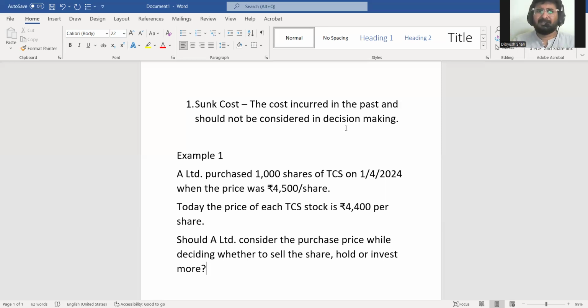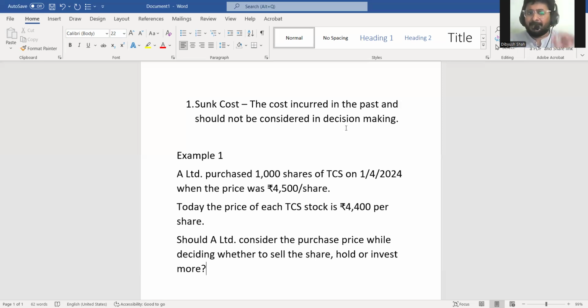Often during my teaching career, I have heard students say, yes, they should consider it, 4,500. Sir, how can we sell the share? We will sell it at a loss. Let's hold it. But you have to understand one thing, my dear, that the 4,500 per share you paid was in the past. You have already paid that.